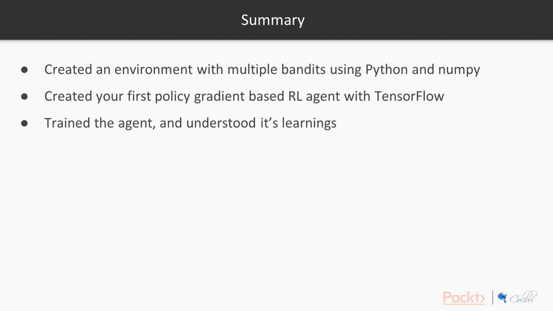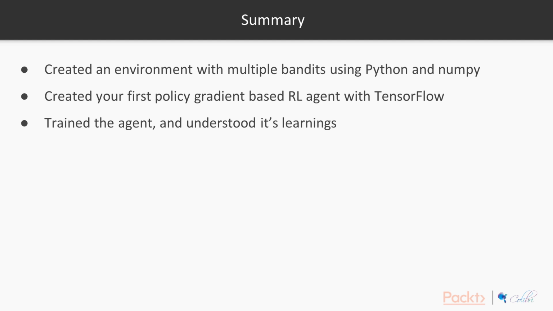So let's summarize this section. In this section, we've created an environment with multiple bandits using Python and NumPy. In more formal terms, we've introduced states into an environment over and above the multi-arm bandit environments that we worked with in the last section.